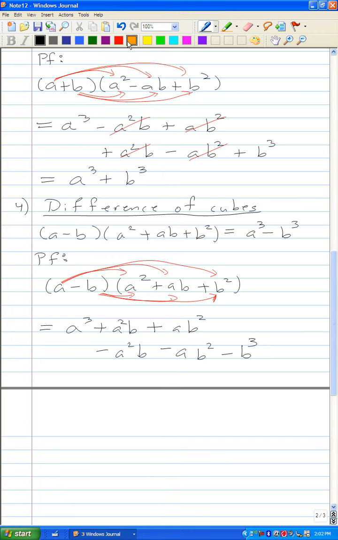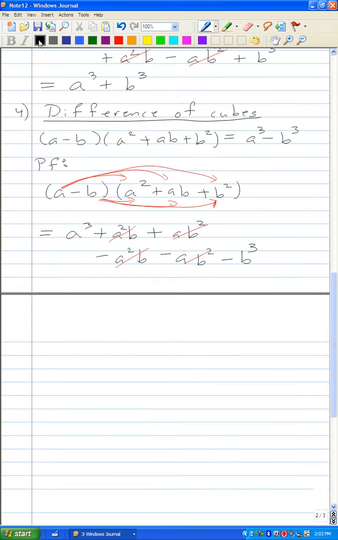Well, the a squared b and ab squared terms cancel. So you get a cubed minus b cubed.